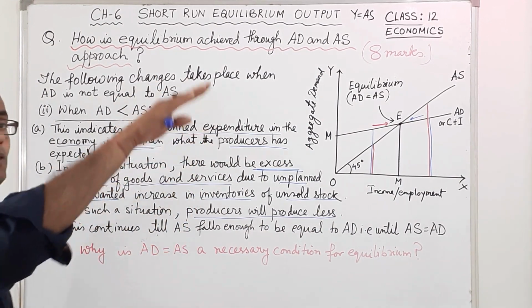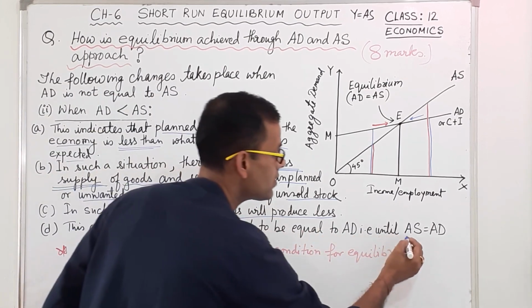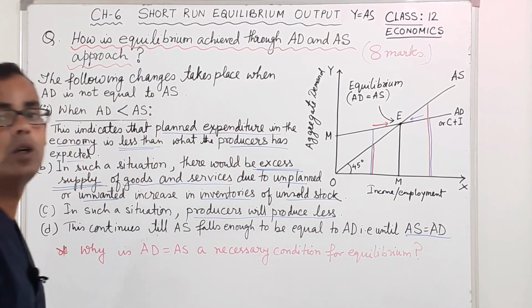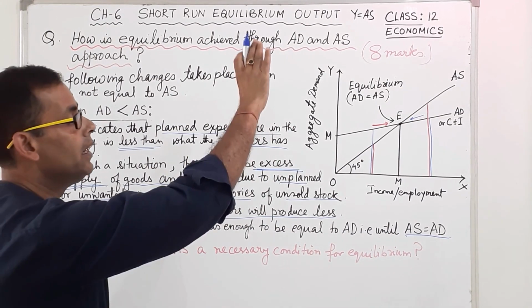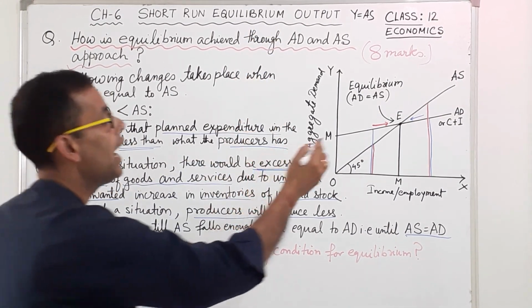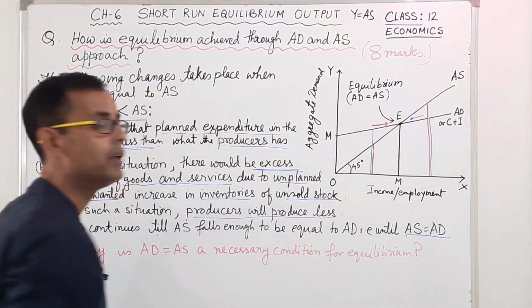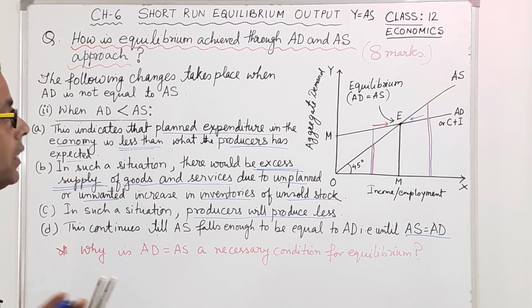The aggregate supply will go down until it again becomes equal to AD. That means the red line will decrease and meet the blue line at this point. So this will be the equilibrium condition.